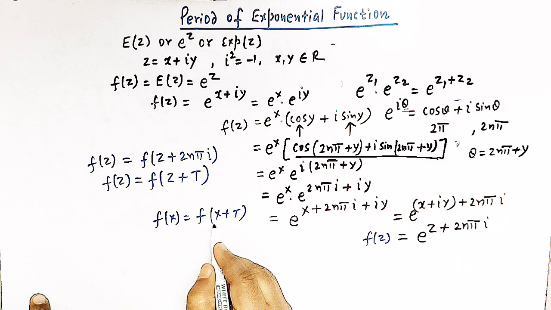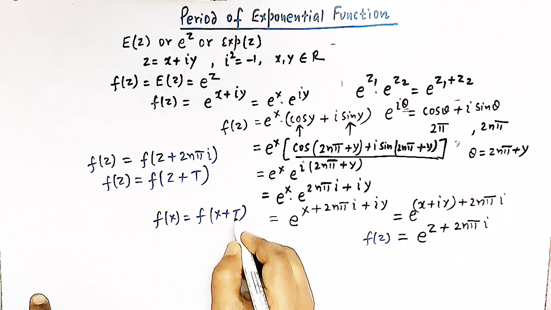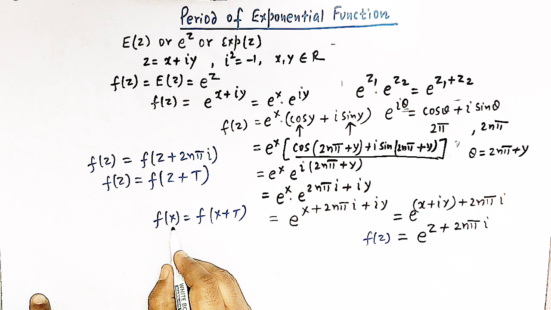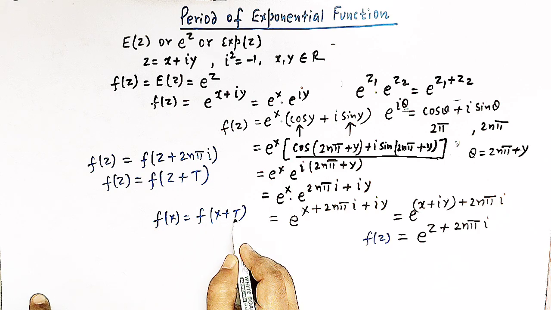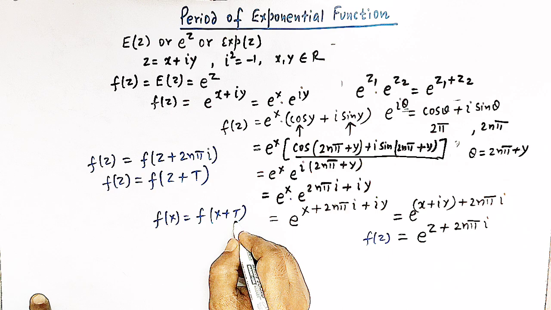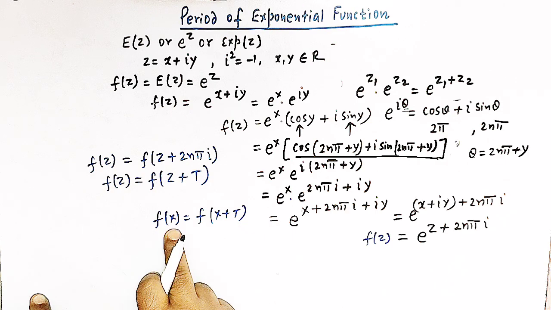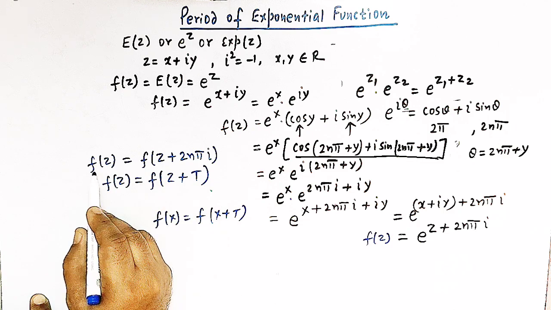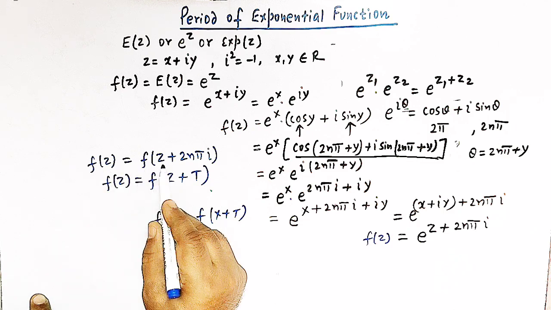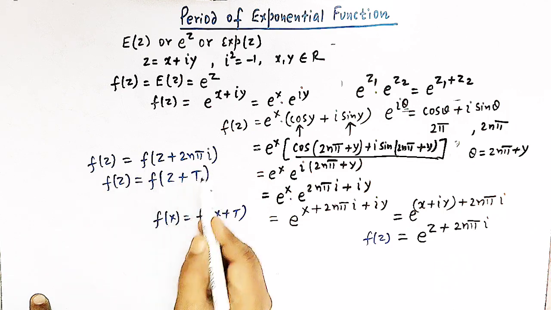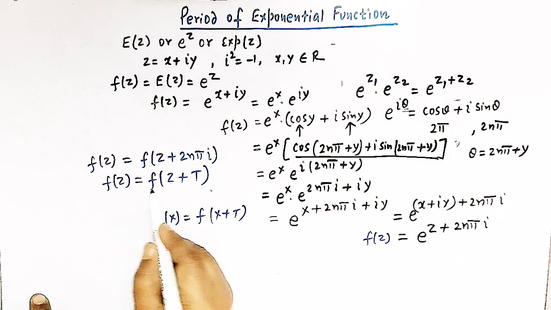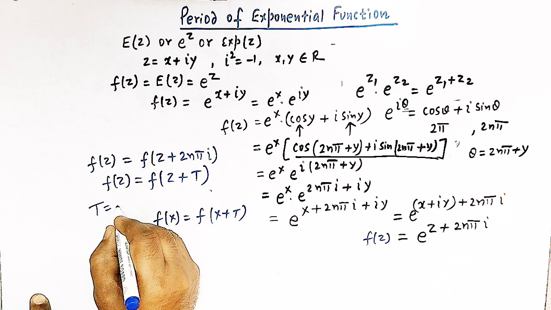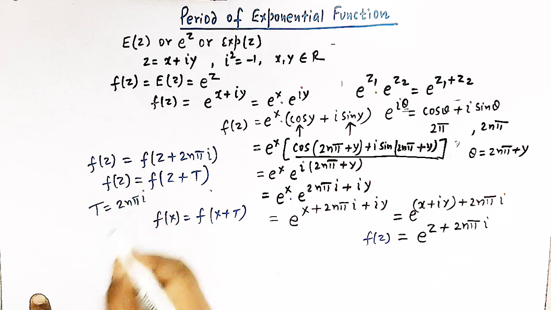So if f of x is equal to f of x plus t, where t is the least quantity such that f of x is equal to f of x plus t, then t is known as the period of f of x. And here we have now this relation, that is f of z is equal to f of z plus 2n pi i, that is f of z is equal to f of z plus t, where t is now 2n pi i, right?